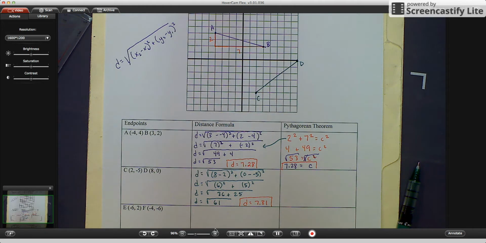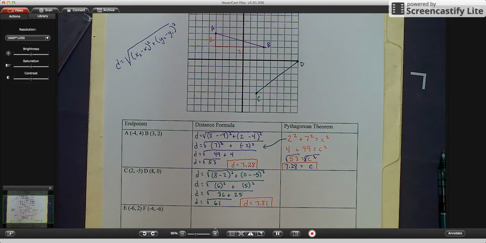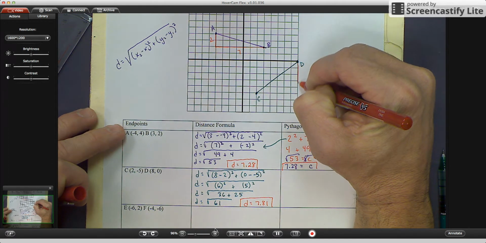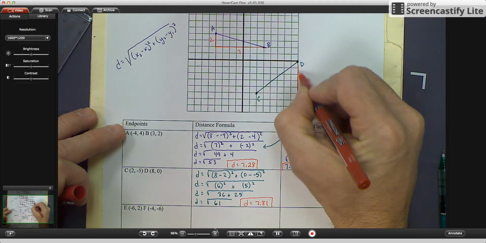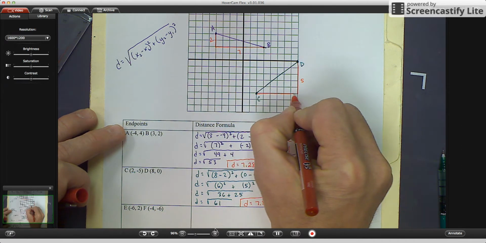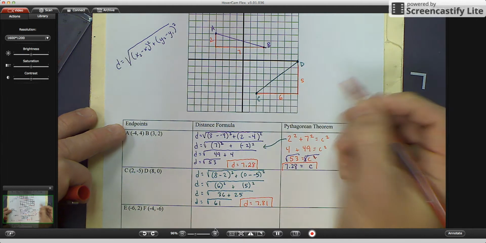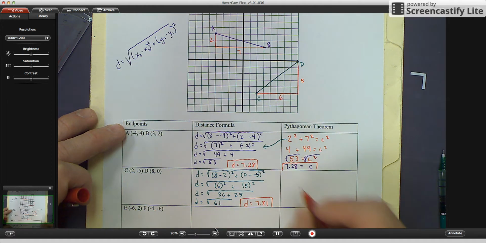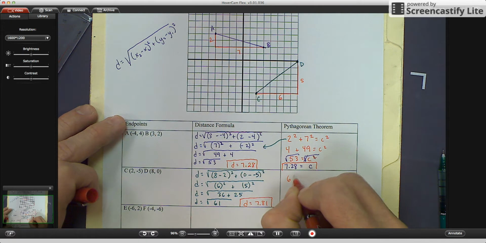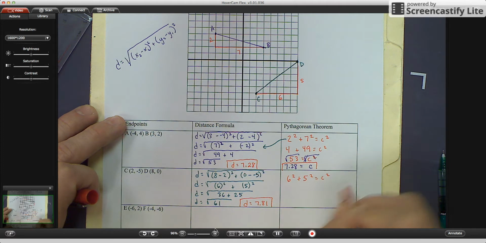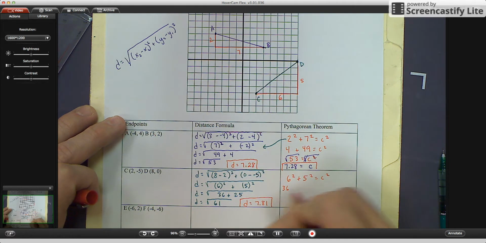So as I look back at my image up here, I'm going to draw my slope triangle, and I'm going to come down here. Looks like 1, 2, 3, 4, 5 units, and then over 6 units. So again, right here, the 6 and the 5 come in handy. So we would go 6 squared plus 5 squared is equal to c squared. 6 squared is 36 plus 5 squared is 25 is equal to c squared.